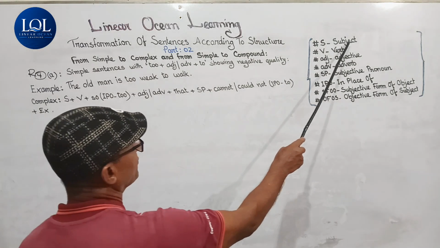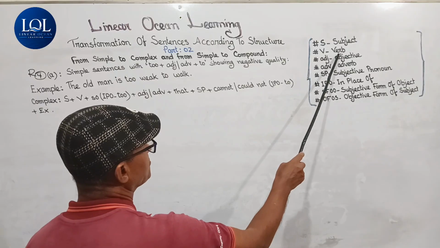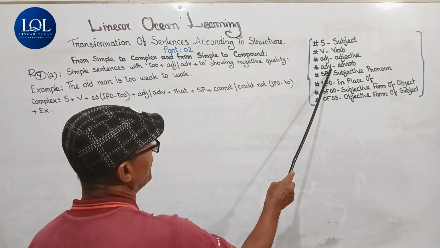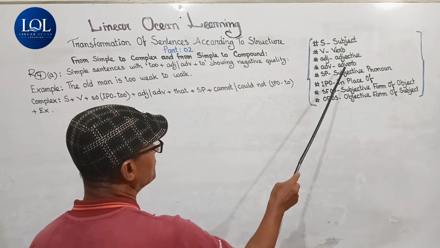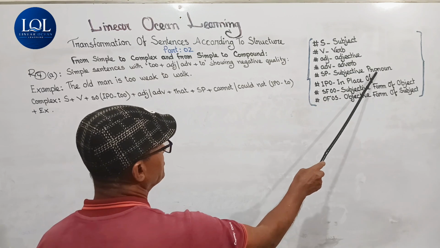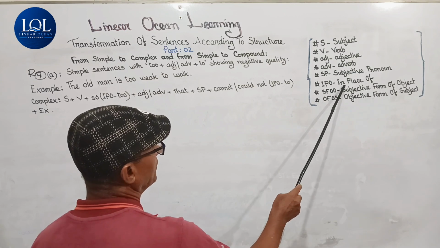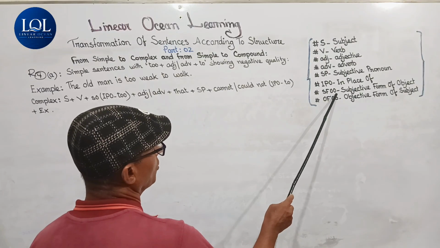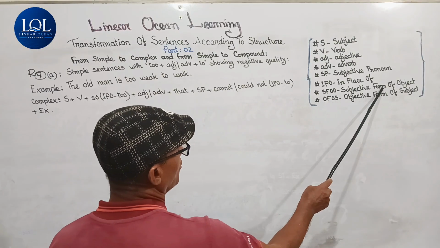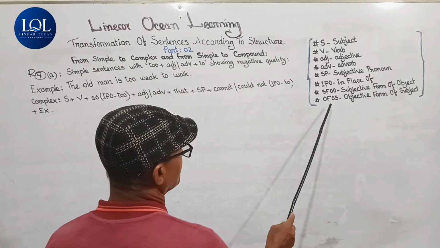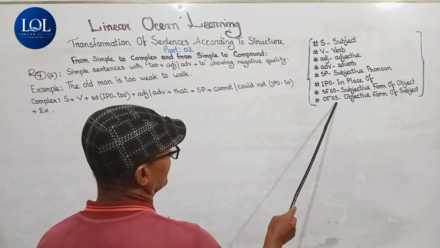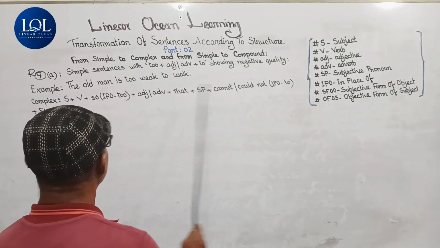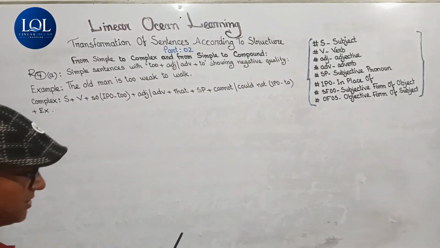Here S means subject, V means verb, ADJ adjective, ADV adverb, SP means subjective pronoun, IPO in place of, SFOO subjective form of object, OFOS objective form of subject, EX means extension.